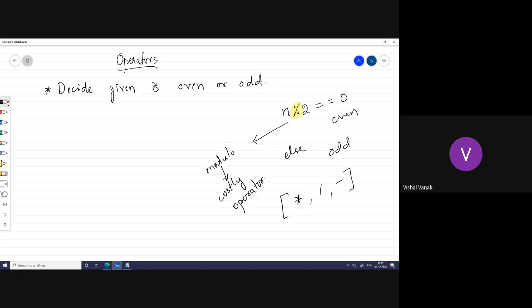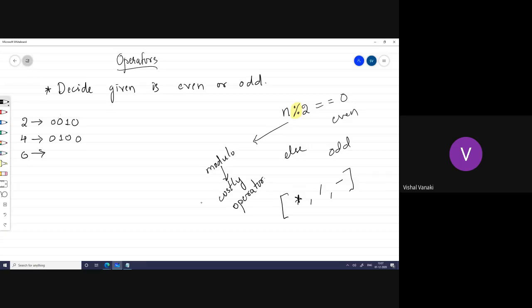Now, let's say, for example, I want to decide whether the given number is even or odd. Let us take even numbers. The binary of 2 is 0010. The next even number is 4. The binary of 4 is 0100.